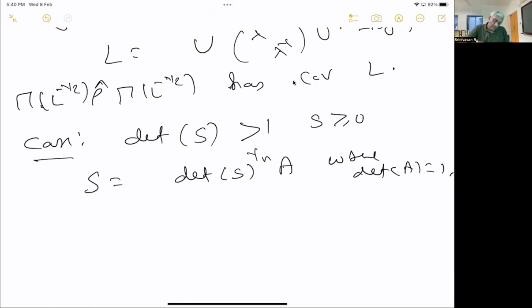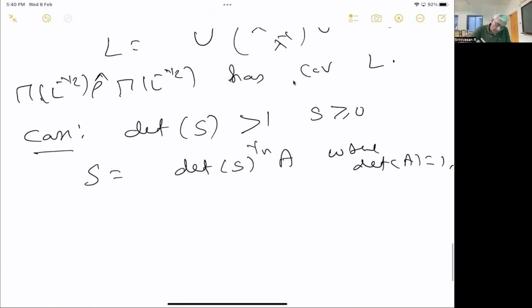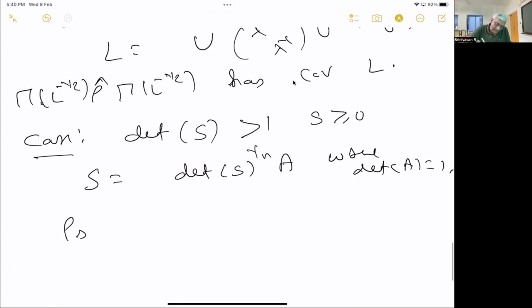Now consider the state ρ_S = (1 − e^{−S}) e^{−S A†A}. We have already seen this.